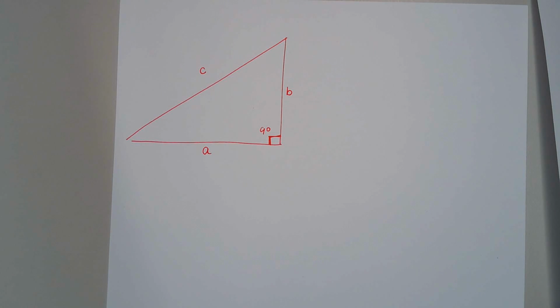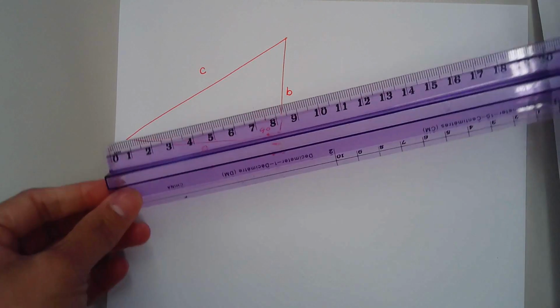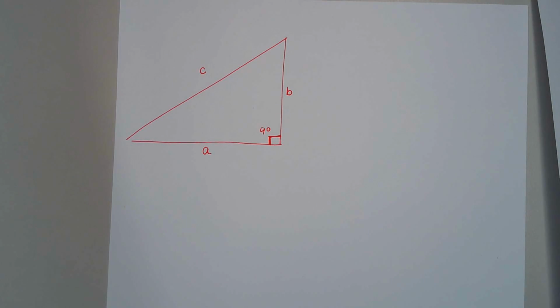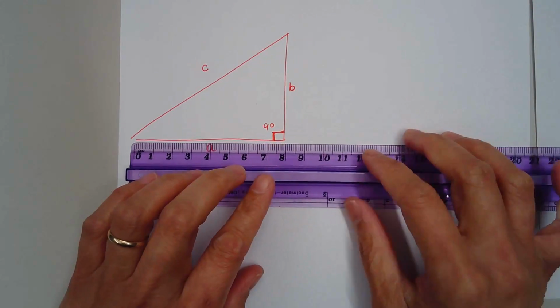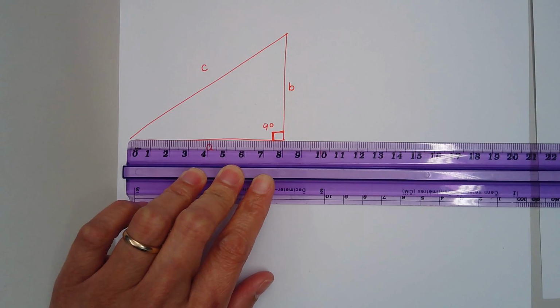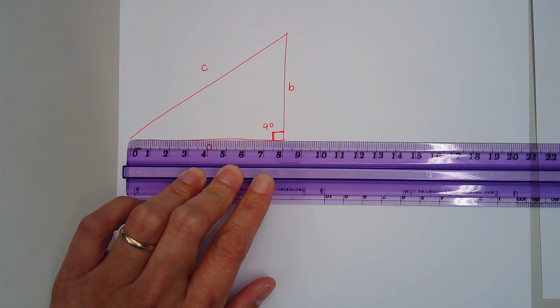Now, I'm going to try another one. I'm just not going to measure. Okay, so here's a triangle.